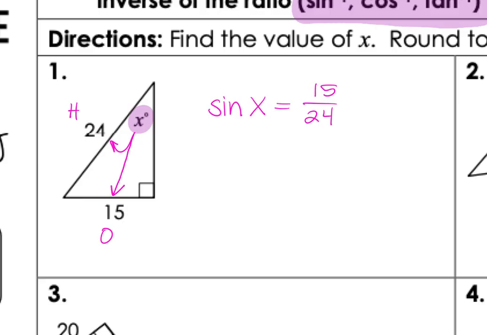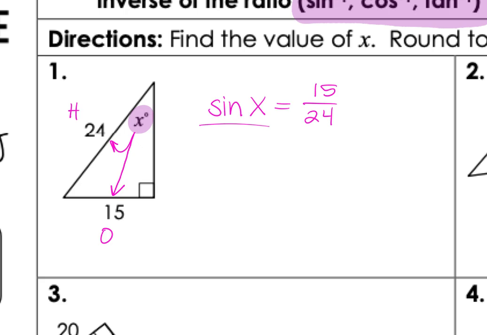Are we supposed to make that 5 over 8? No, you don't need to reduce because it's not your final answer. If it's your final answer, you should reduce it, but this is not our final answer. We're going to try to solve for the measure of that angle. Now, here's the thing. We are currently taking the sine of x, right? So pretend for a second that that wasn't its own number by itself right now. If they were separate things, it would be really tempting to divide by sine to get x by itself, right?